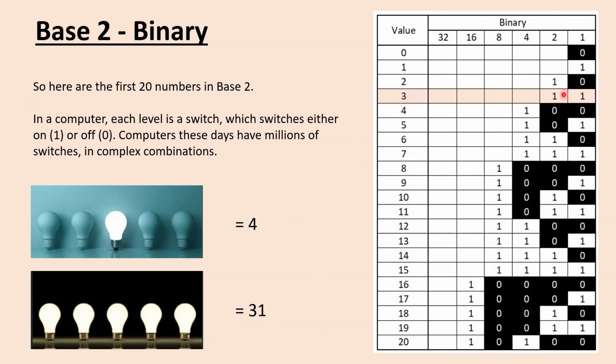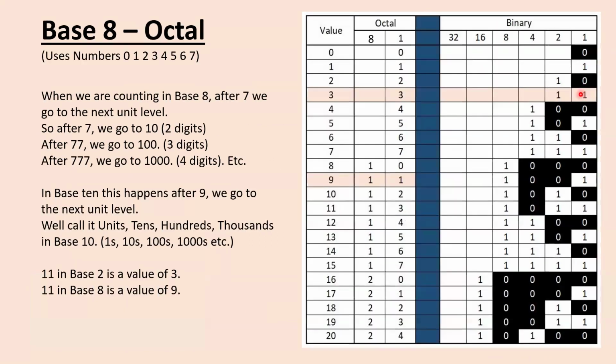Now we're going to follow the number 11. Okay, so in binary, the number 11 is actually a value of 3. Again, like I say, I'm saying 11, but that's not really correct. I should be saying 1, 1. Base 8, octal, uses numbers 0, 1, 2, 3, 4, 5, 6, and 7. When we are counting in base 8, after 7, we go to the next unit level.